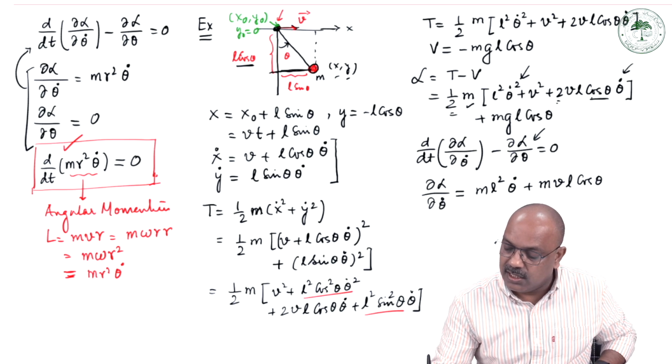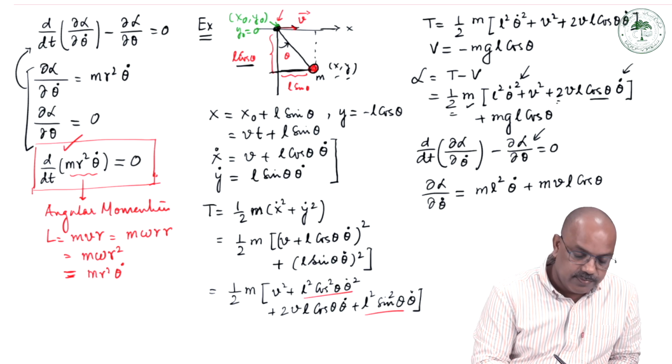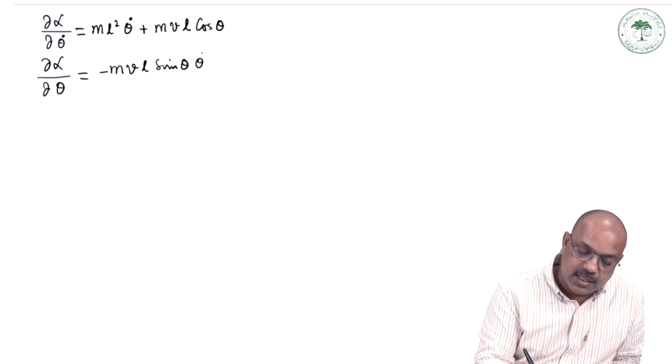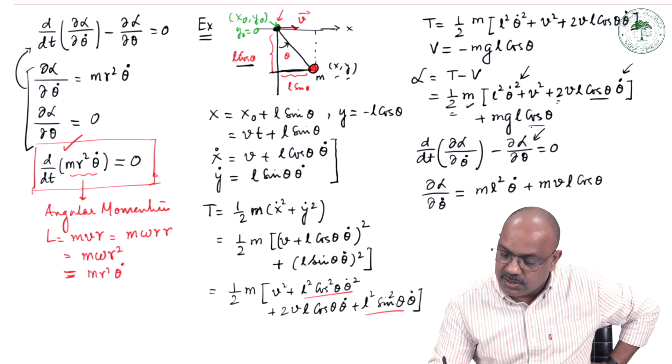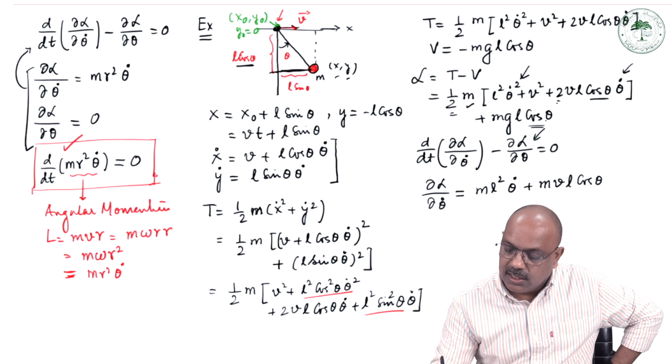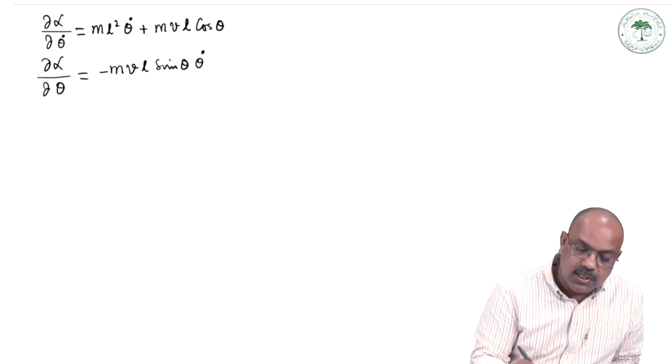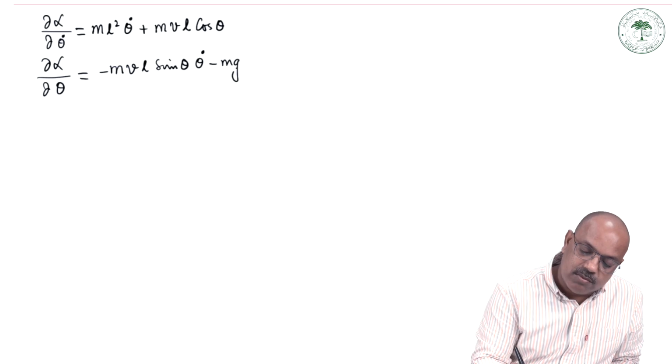And for the second term, the cos θ is here, so this is going to be minus mgl sin θ.